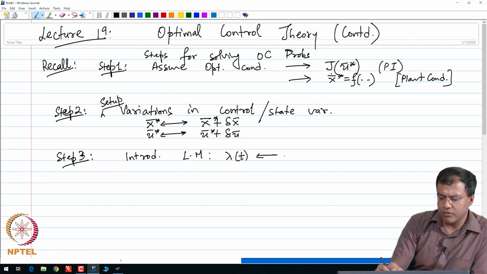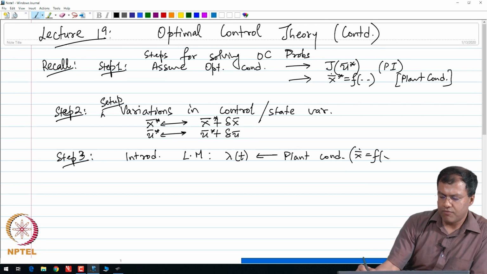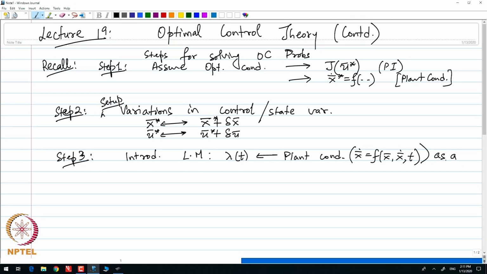This multiplier introduces the plant condition, which is x dot is equal to f of x, x dot, t, as a non-holonomic constraint. This was where we stopped in the last lecture. We will continue our discussion for the next set of steps.